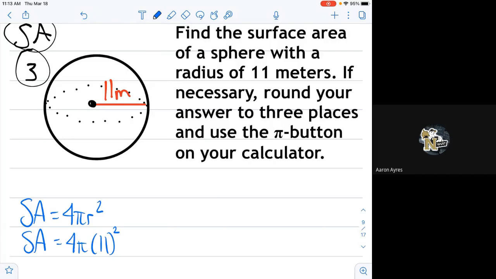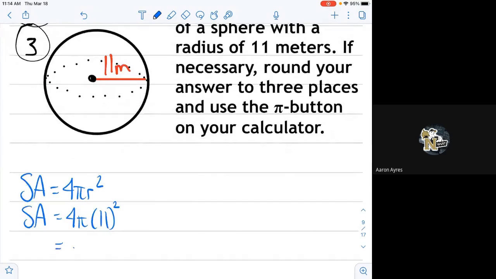What's 11 squared? That's cubed. Okay, and that's for volume, Madeline. We got to do it now for square because the surface area is only 2 dimensions multiplied together. Okay, so it's r squared. Okay. That's okay. What's 11? Want to try again? What's 11 squared?